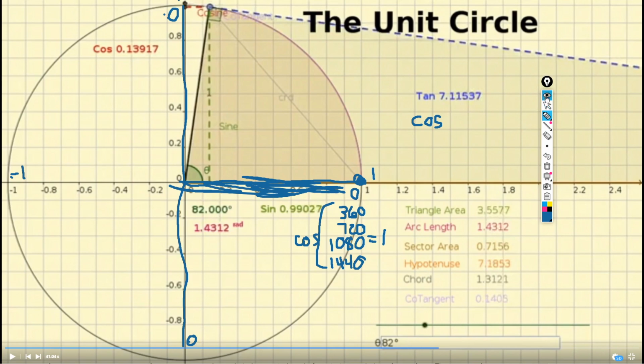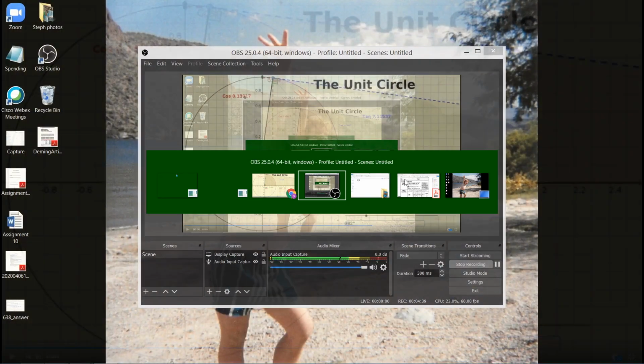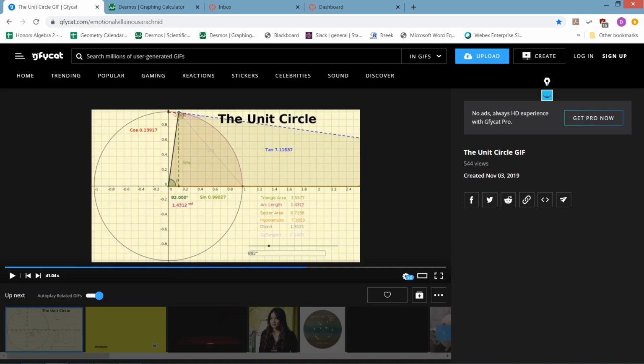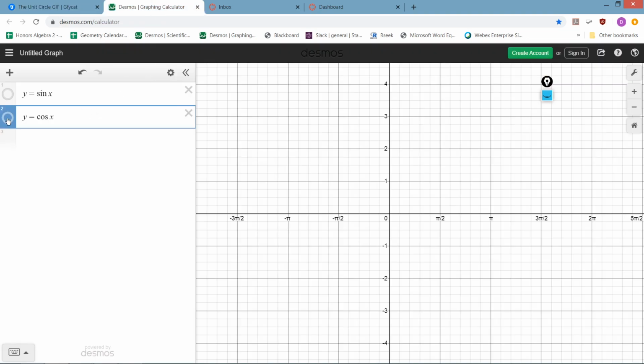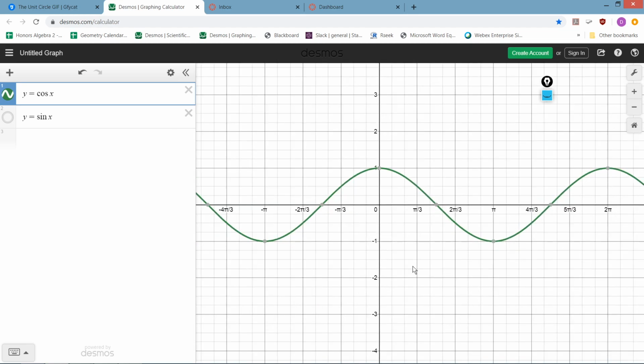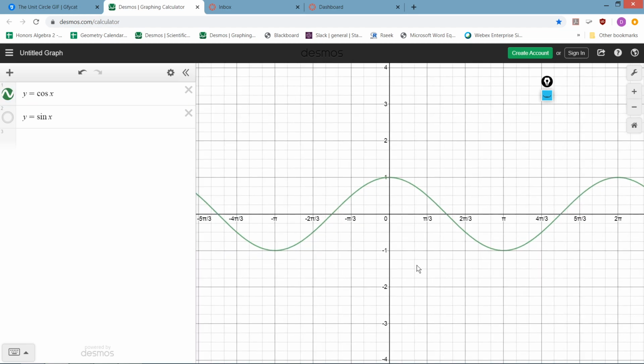And so what that looks like in practice, here, I'll move this here: y equals cosine of x. So that's what it looks like. This might look crazy to you, but it's really simple. It's just the unit circle being repeated over and over and over again.